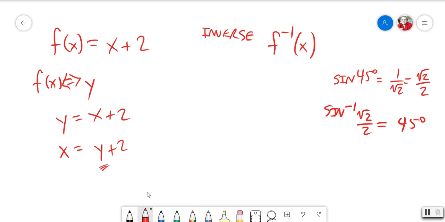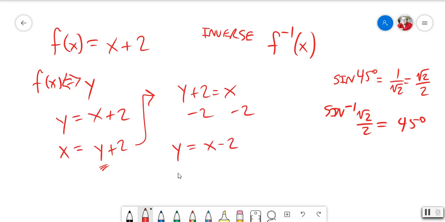Then you need to solve for y. So I'm going to flip this around: y plus 2 equals x. Subtract 2 from each side. y equals x minus 2. And the last step, I replace y with inverse function of x. That is my inverse function.